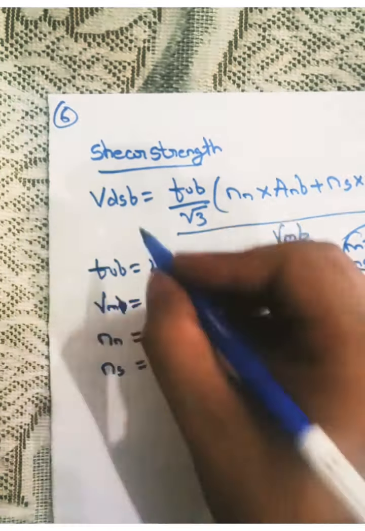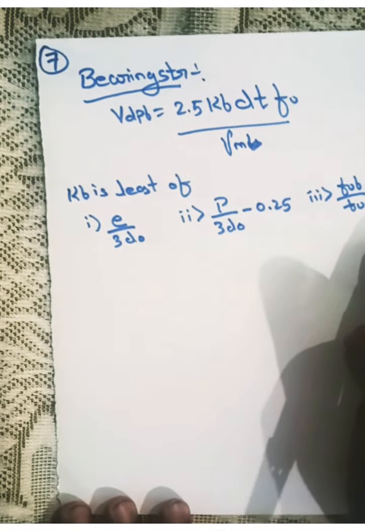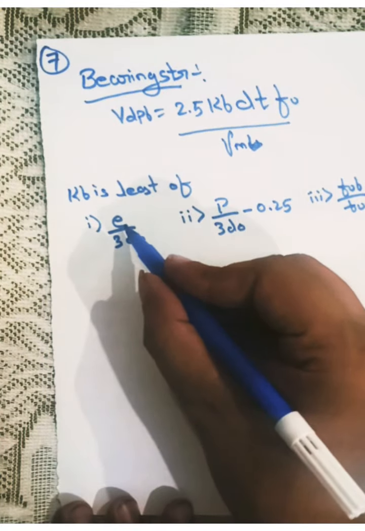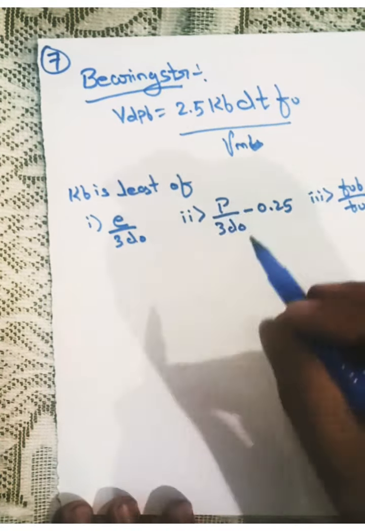Here KB is the least of E by 3D naught, P by 3D naught minus 0.25, third one FUB by FU, and fourth one 1. So the value of KB, the coefficient, is the lesser of these four. Here E refers to edge distance, P refers to pitch distance, and D naught is the diameter of the hole.